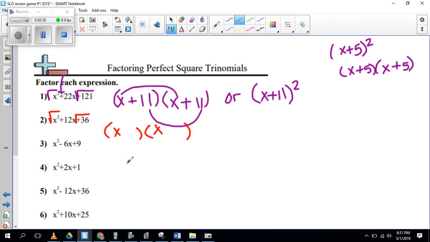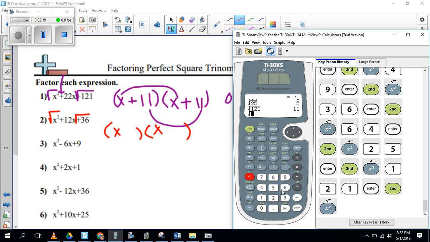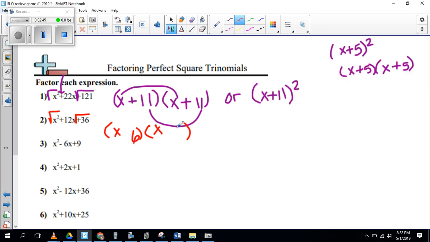Square root of 36, square root of 36, and we get 6. And we take the sign of the middle term. The middle term is positive, so we'll get x plus 6, x plus 6. Or another way of writing it is x plus 6 squared.